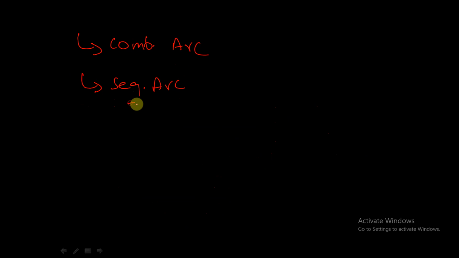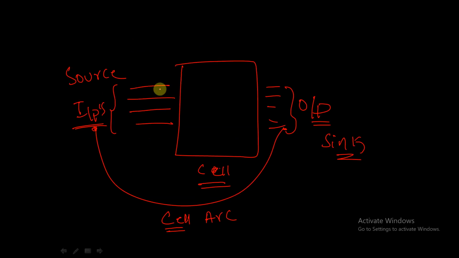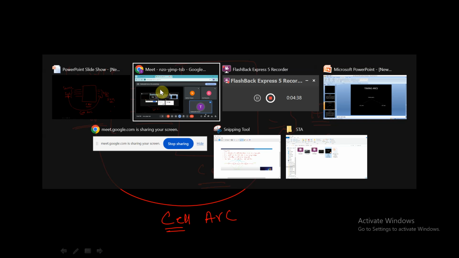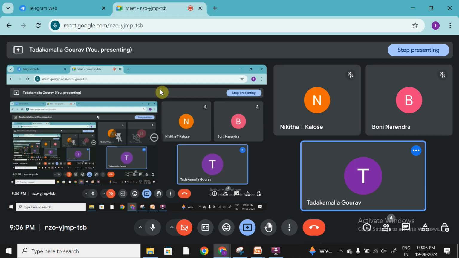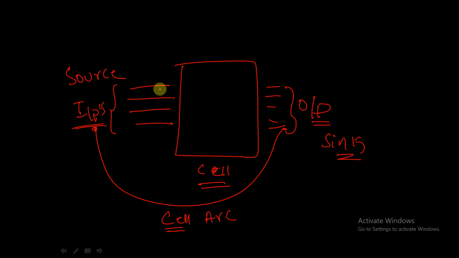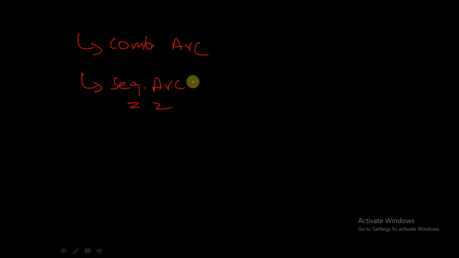First of all, is the definition and explanation of cell arc clear? This is clear, right? Shall we move forward? Yes. Now, coming to the combinational arc, it is the path traversed by a signal from input to output pin of a combinational cell.